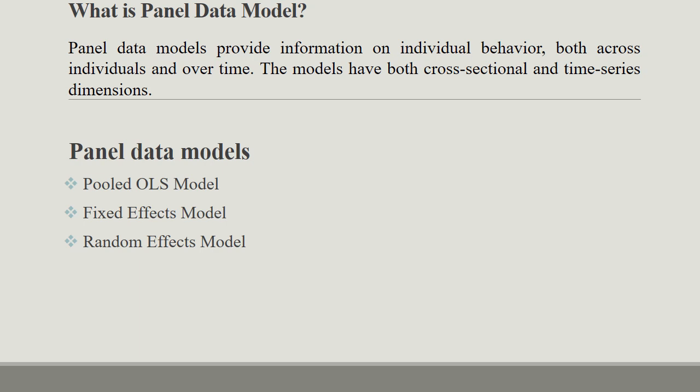The models have both cross-sectional and time series dimensions. Here I have mentioned some of the popular models of panel data, that is pooled OLS model, fixed effect model, random effect model. In this presentation, that is panel data analysis part 1, we will be discussing pooled OLS model, and in part 2 we will be discussing the remaining models.